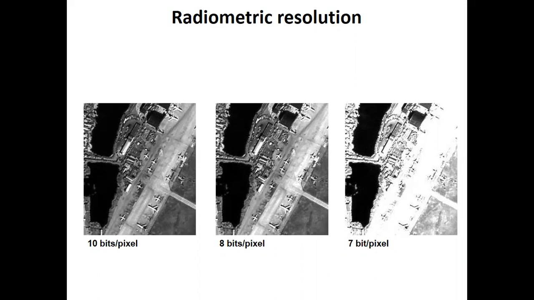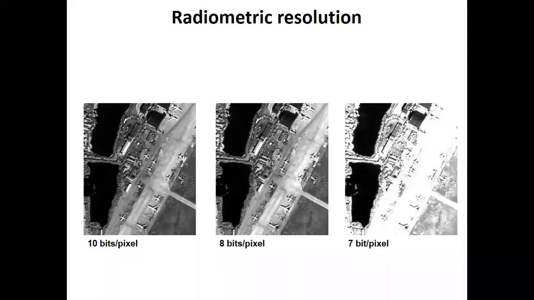This radiometric resolution is maybe less important for modern satellites, because in most satellites it is high enough, practically all satellites we will deal with have 10 to 16 bits per pixel. So it is not common now to find satellites with 7 or 8 bits per pixel.